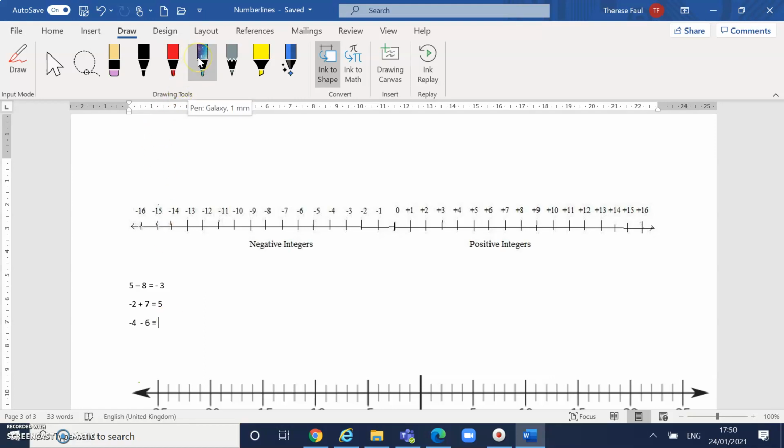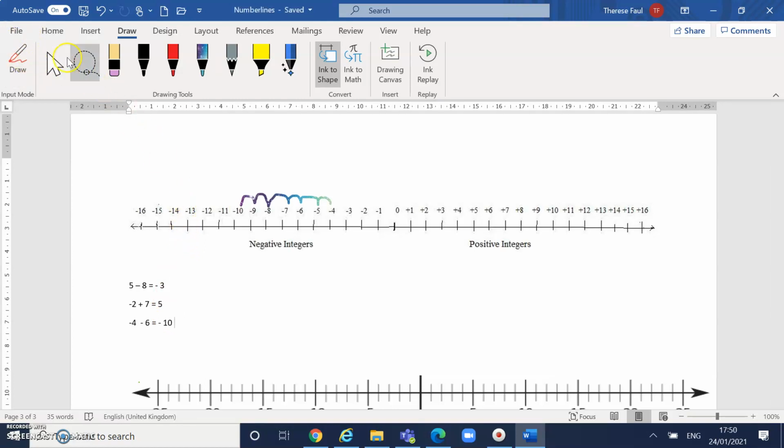The rule still applies. We go to our number line, we find the first part of the sum, which is a minus 4, here on the number line. And we're taking away a 6, so we're working our way 1, 2, 3, 4, 5, and 6. And we end up at minus 10, or a negative 10. Is that okay? Alrighty.